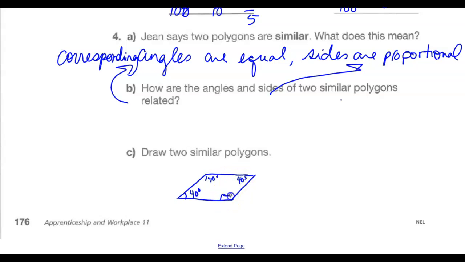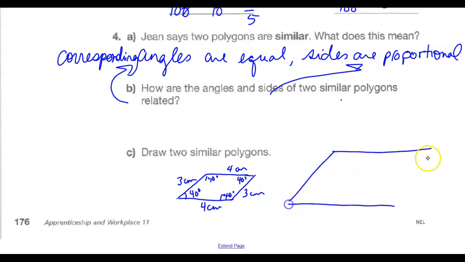This would be 140. And let's say this was 4 centimeters and this was 3 centimeters. And so a similar polygon then could be, if we expand the sides, we double them. This would be 6 centimeters. This would be 8 centimeters, 6 centimeters, 8 centimeters, and the angles will remain the same.